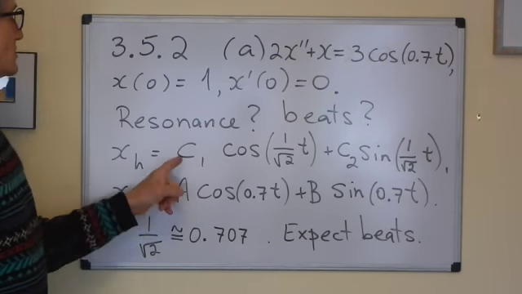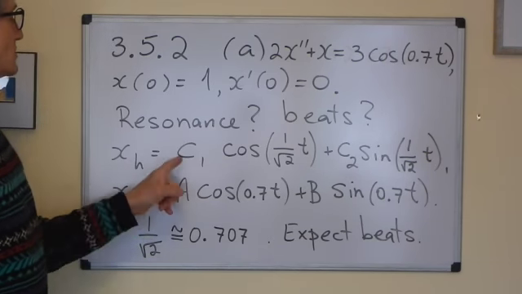And to try to understand the beats, we try to understand this as having two components, one which represents how close 0.7 is to 1 over the square root of 2. And so let's rewrite cosine 0.7t as cosine of (0.7t minus 1 over the square root of 2 t) plus 1 over the square root of 2 t.